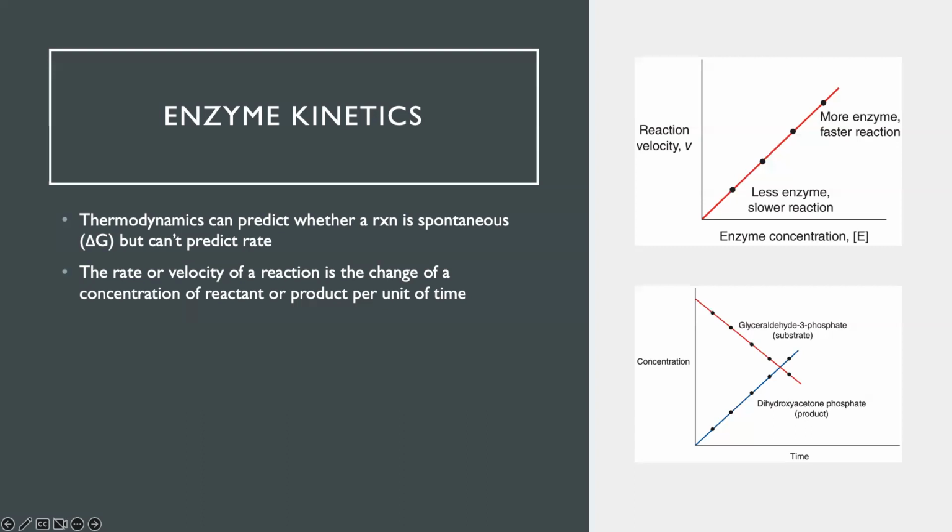So how does this rate relate to the substrate or the enzyme that I have? Well, we can think about the progress of an enzyme-catalyzed reaction. Whenever you have less enzyme, your reaction is going to be slower. But whenever you have more enzyme, you're going to have a faster reaction. So the more enzyme you add is going to increase the rate. It's always going to increase the rate.